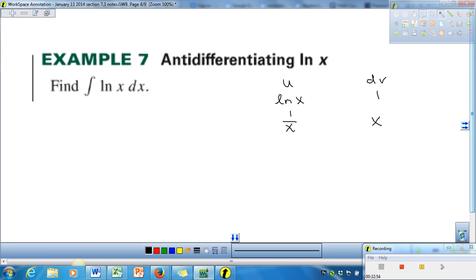The integral of 1 is very easy to do. So in this case, the stopping point to integrate back is when the integral is easy.